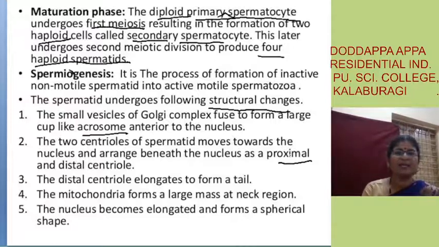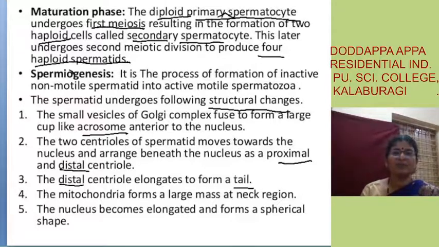Where my pen is, somewhere here, is the distal centriole. This distal centriole is going to form the tail, children. The mitochondria get arranged in a compact manner below the neck region, and form the middle portion of the sperm.